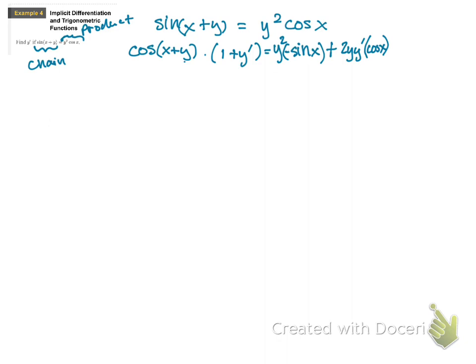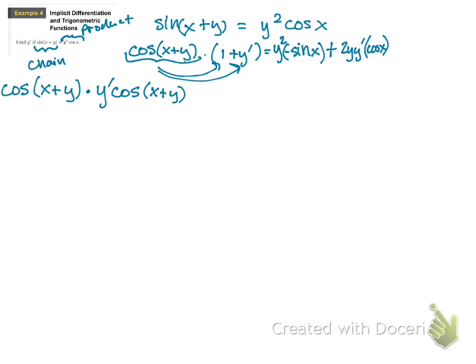Before we move it, here's what I would do. We have cosine of x plus y times a binomial, 1 plus y prime. We want to push this piece through the binomial, distribution style. So cosine of x plus y times 1 is going to be cosine of x plus y, times y prime, cosine of x plus y.